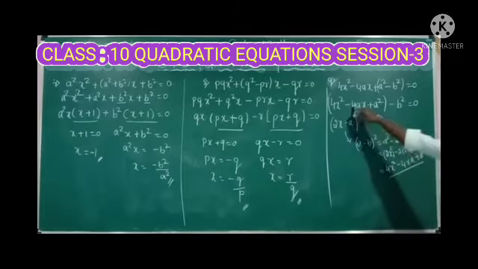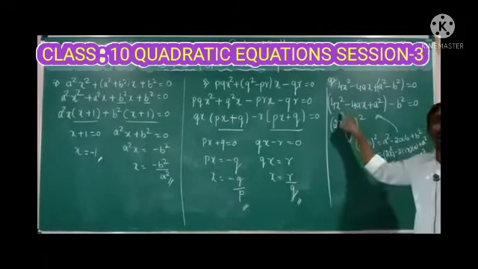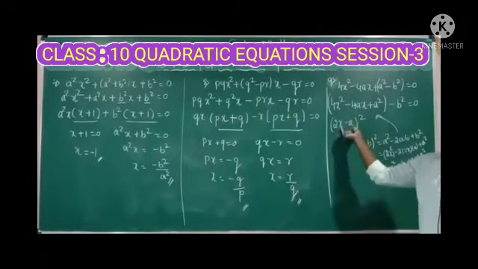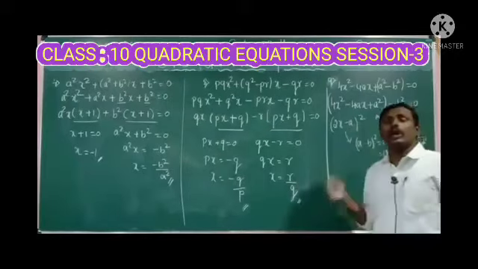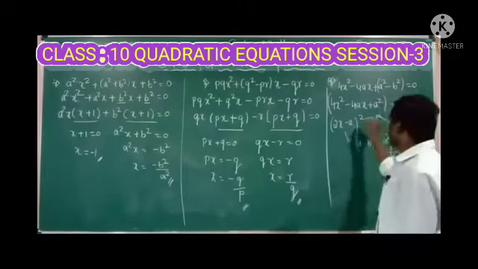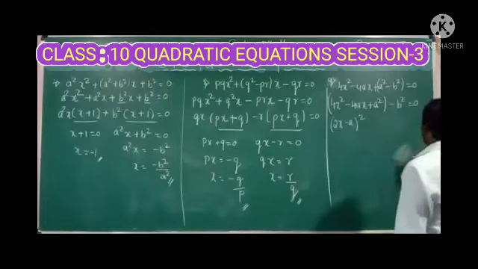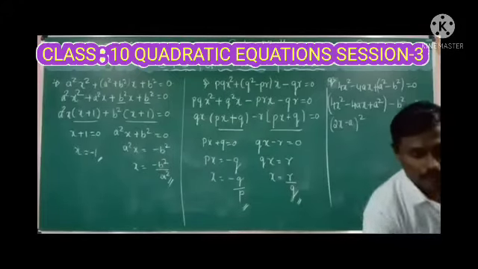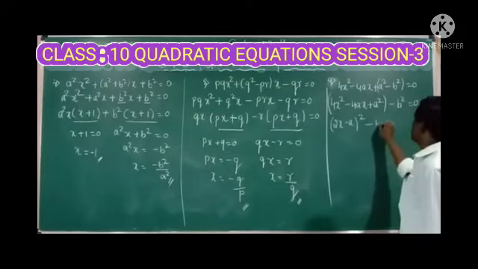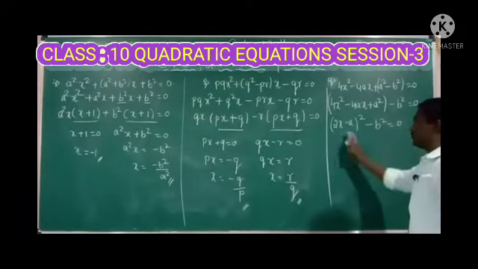So this is the expanded form. This expanded form can be written in the simplest form as (2x minus a) whole squared. Now, what is the remaining term? The remaining term is b squared, equal to 0.